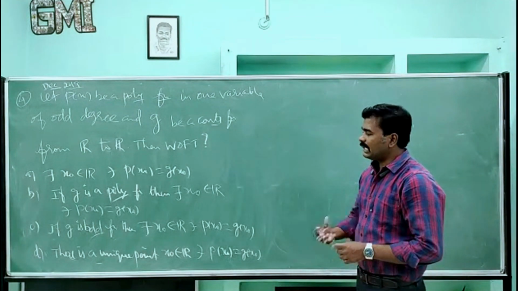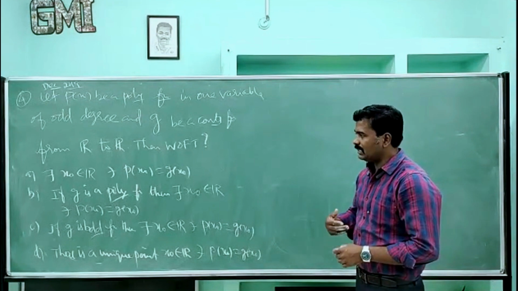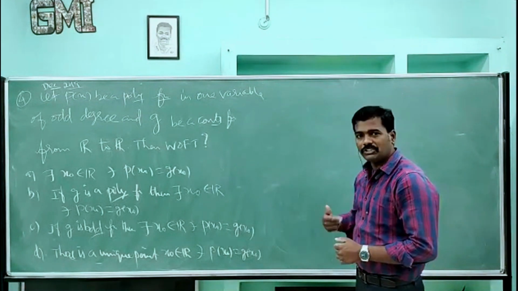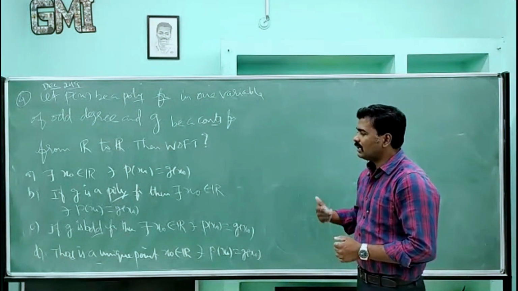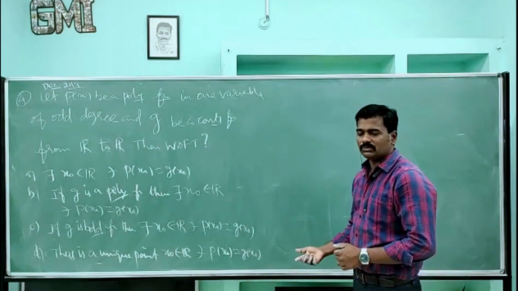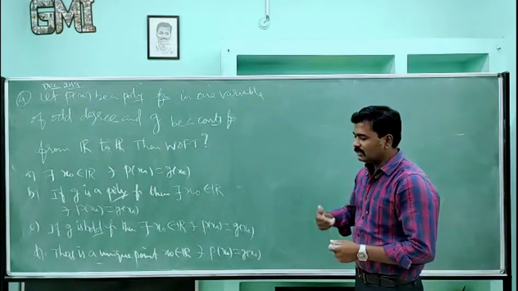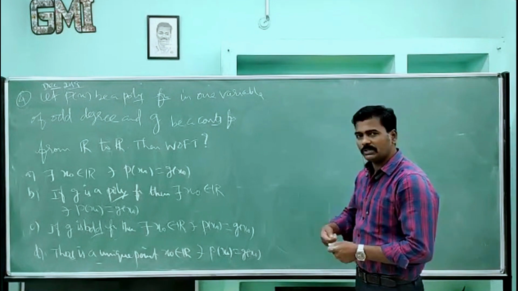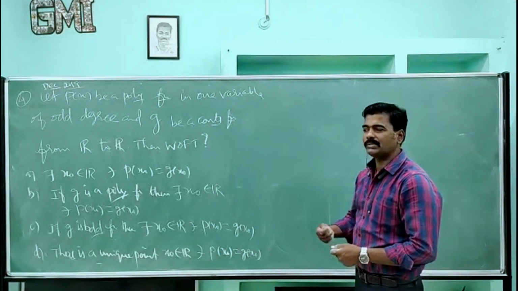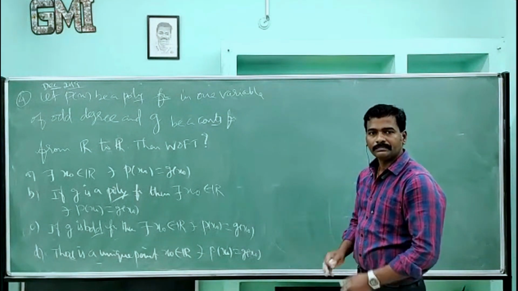Read the question paper, try to understand the concept and connect the logical argument. Which of the following are always true? If an option is true, you have to try to prove it. If false, you have to give an example.